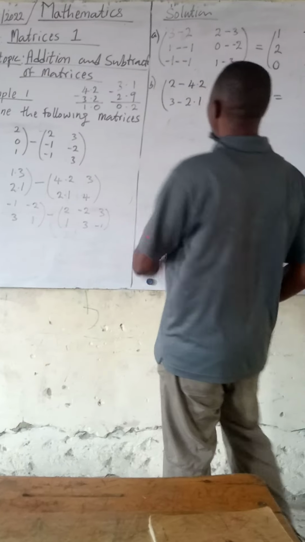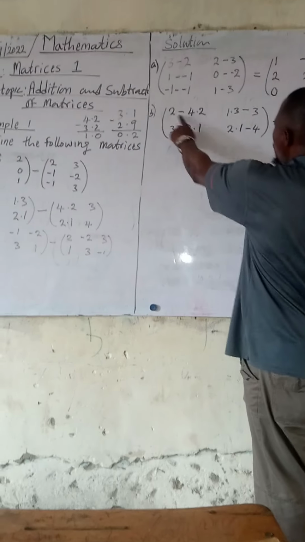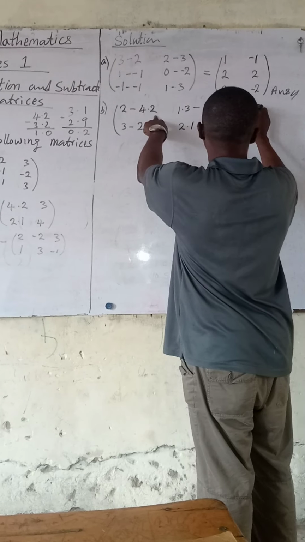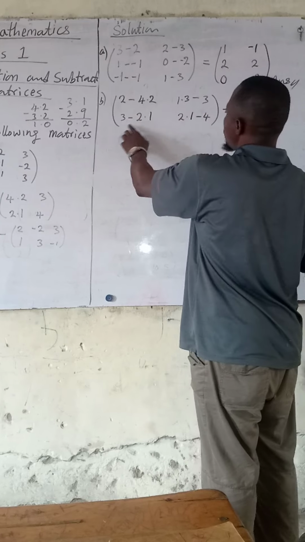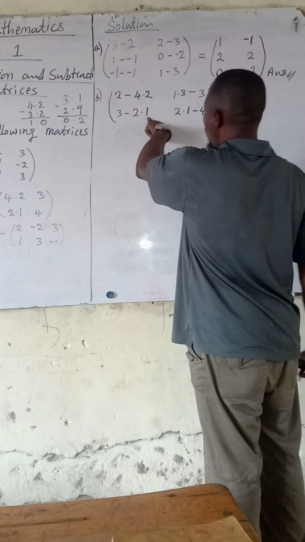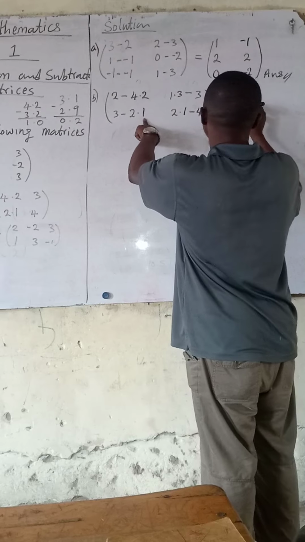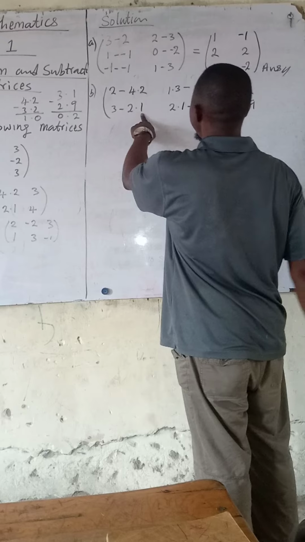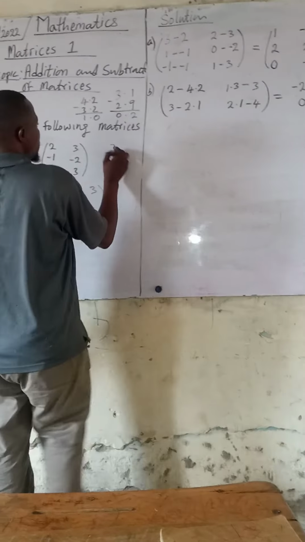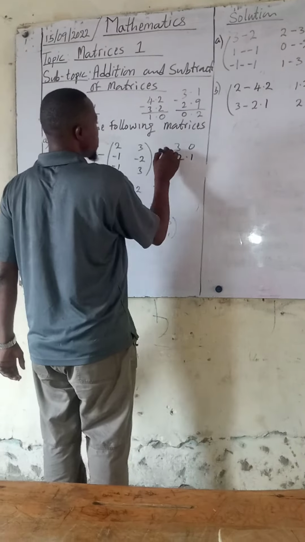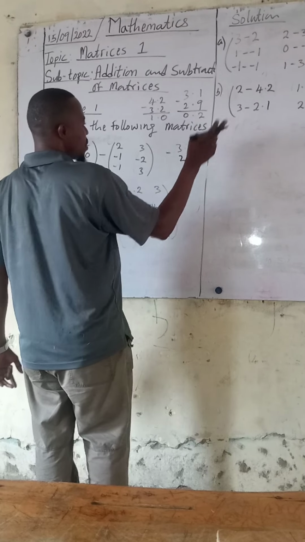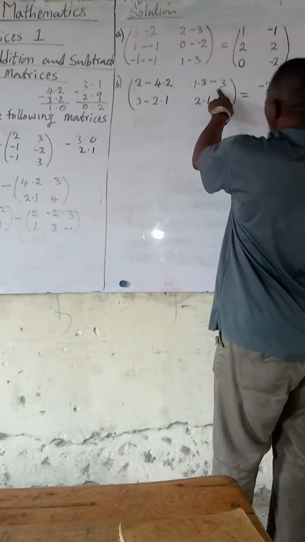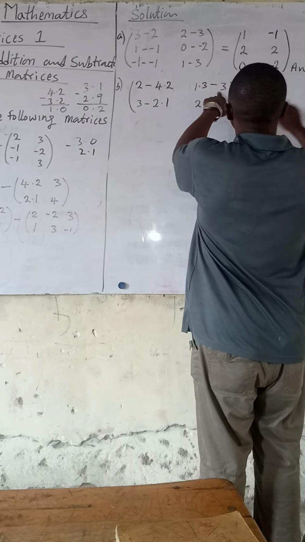Now 2 minus 4.2 will give us minus 2.2. 3 minus 2.1, it will give us what? 0.9. Are we together? It's like this, 3.0 minus 2.1. 10 minus 1 will give us 9. 2 minus 2, 0. Now 1.3 minus 3, it will give us what?